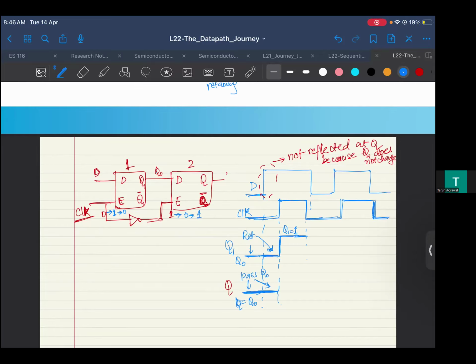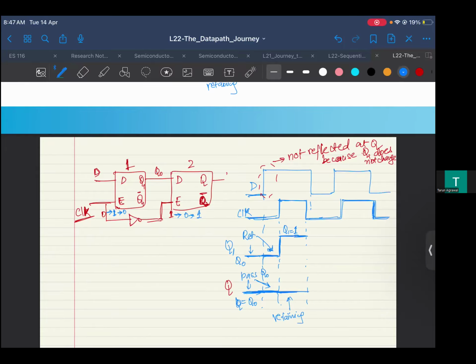Okay. And now in this period when Q1 became 1, what is happening to the second? Let's see the second. What mode does it go into? Because the second enable now becomes 0, it goes into the retaining state. It's retaining the past.